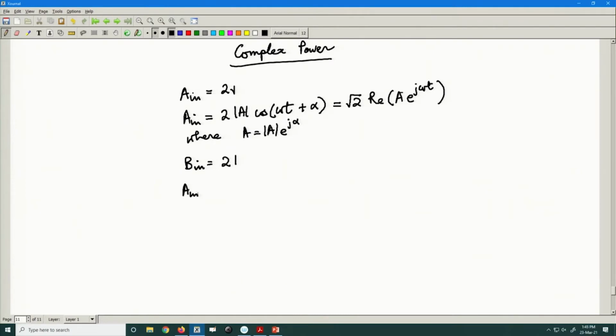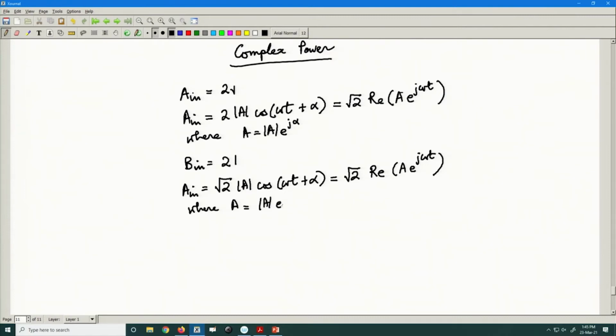A instantaneous is root 2 mod A cos omega t plus alpha, that is root 2 real part of A e to the power j omega t, where A is mod A e to the power j alpha.